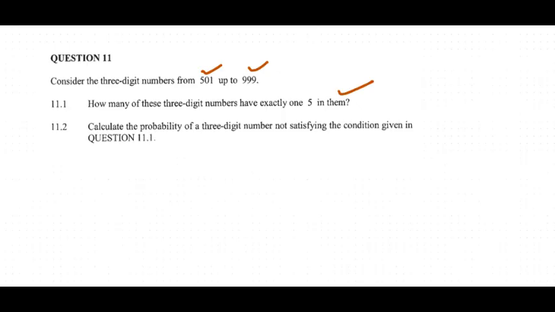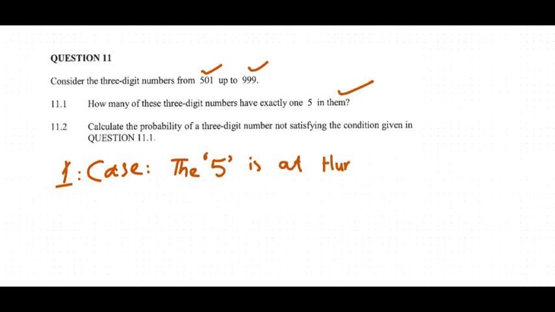So case 1: the 5 is in the hundreds place, so I can write it like 5AB.